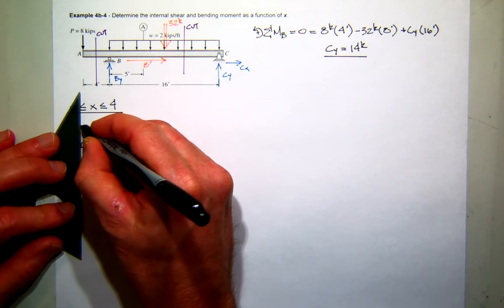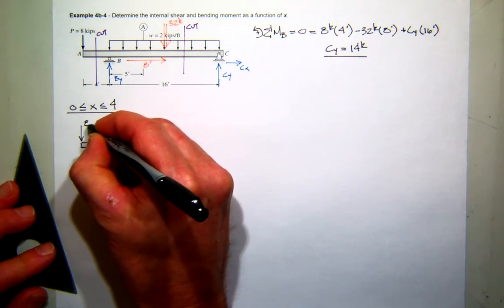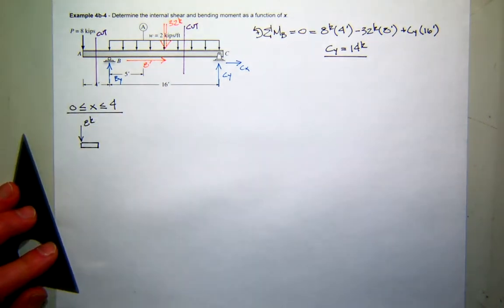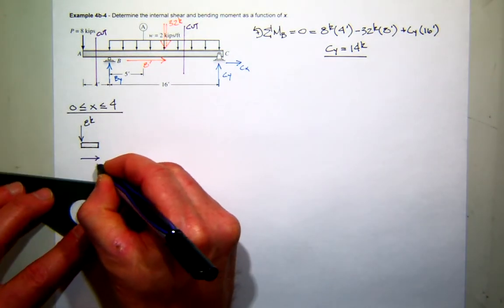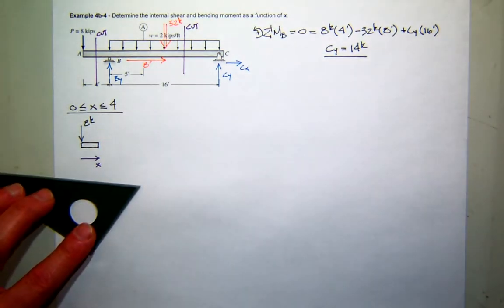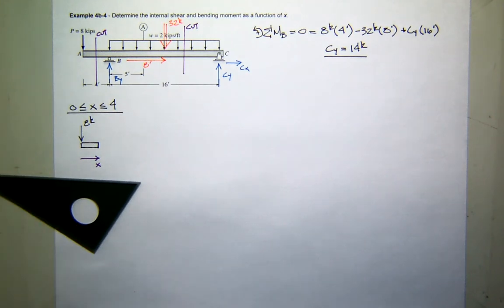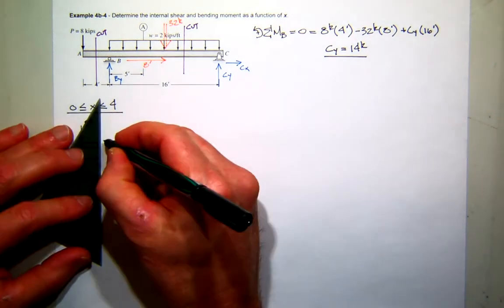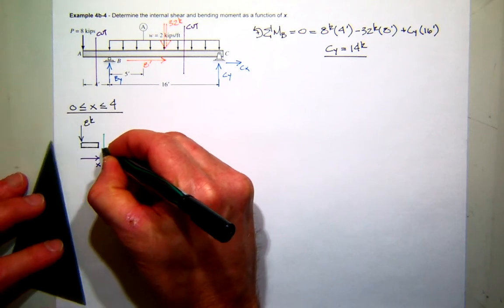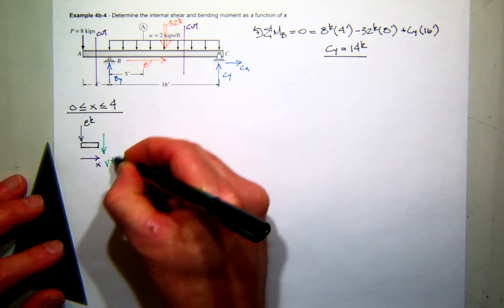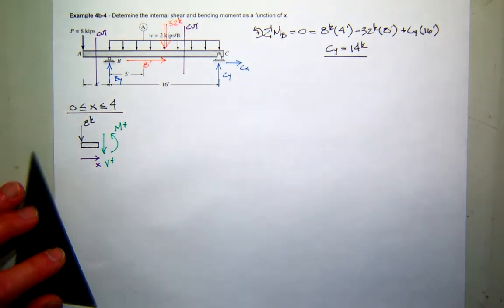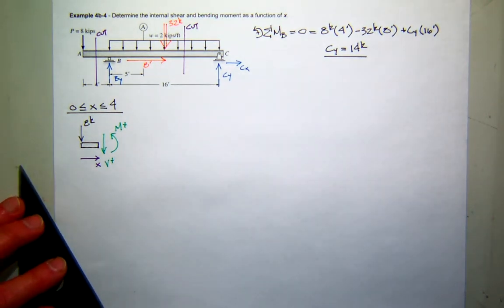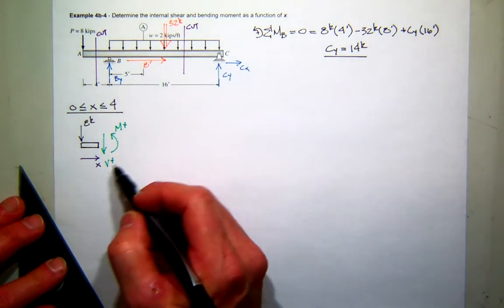So I just have the 8 kip force, and I'm cutting it at a distance x, and then we'll look at our interior forces, which would be positive shear and positive bending moment. So not a lot to take care of here.